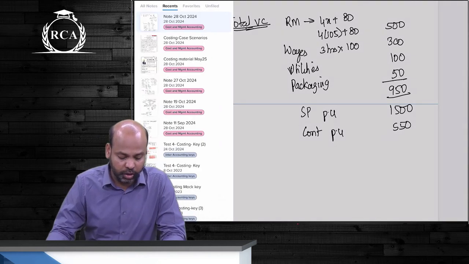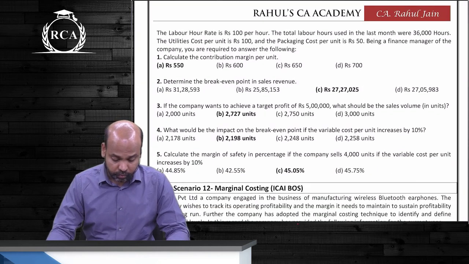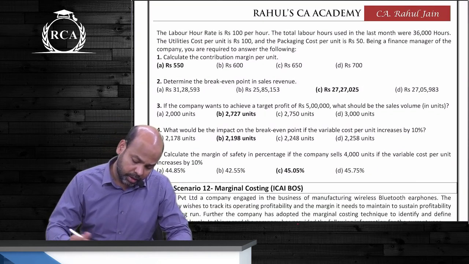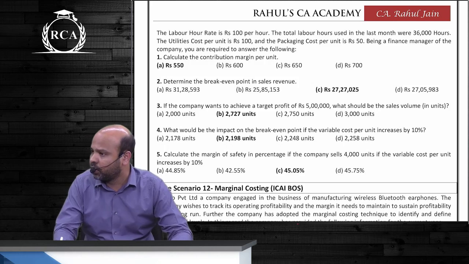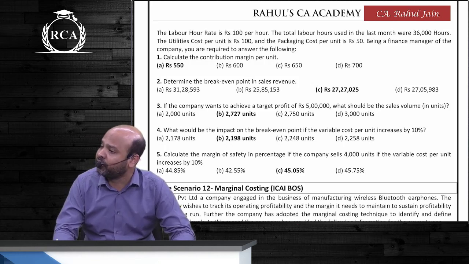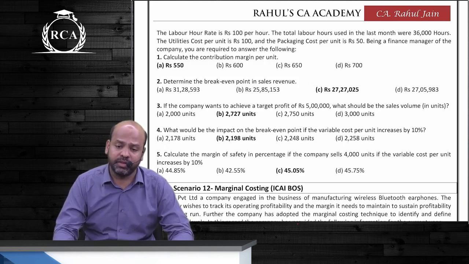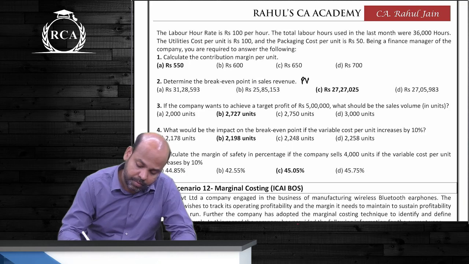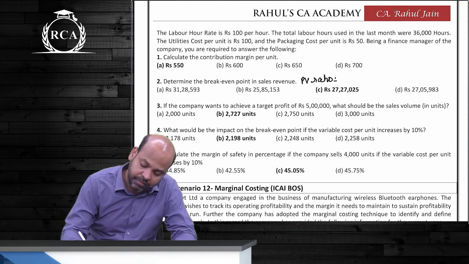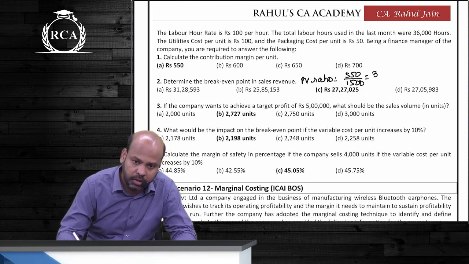Yes guys, are we all clear? What is the first bit? Determine the contribution, done. Determine the break even point in sales revenue, that is, in terms of PV ratio. You can compute the PV ratio first. How much will the PV ratio be? PV ratio is 550 divided by 1500, 36.667%.